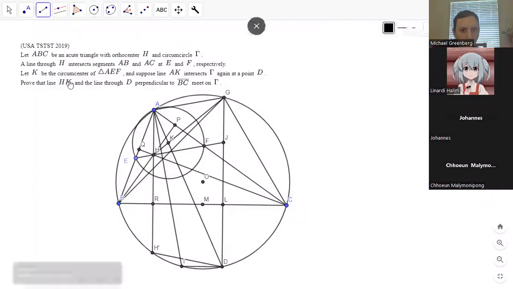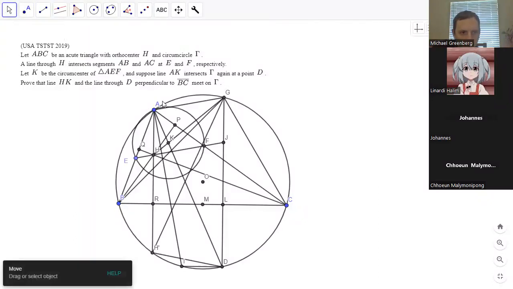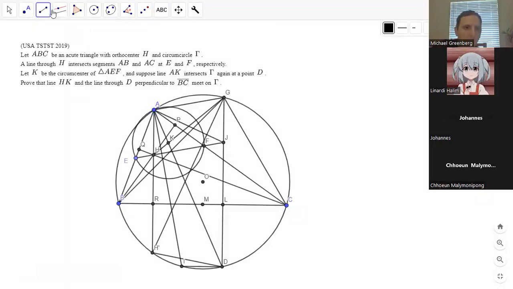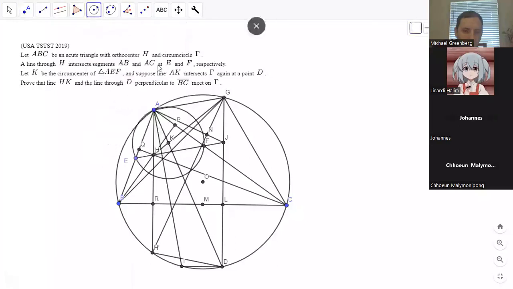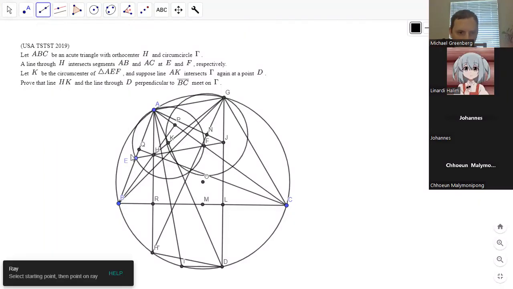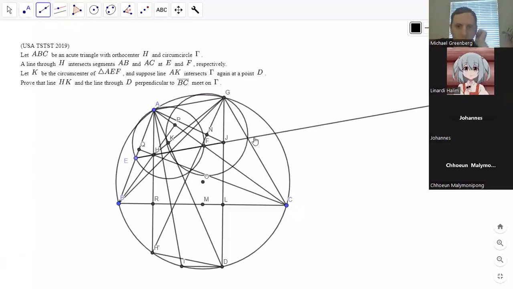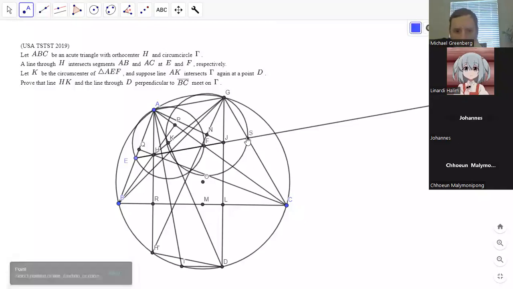And then if we made a similar point where GH prime meets AJ, then this would be the circumcenter. Yeah, so then this line would pass through all those points. So it'd be like by symmetry.